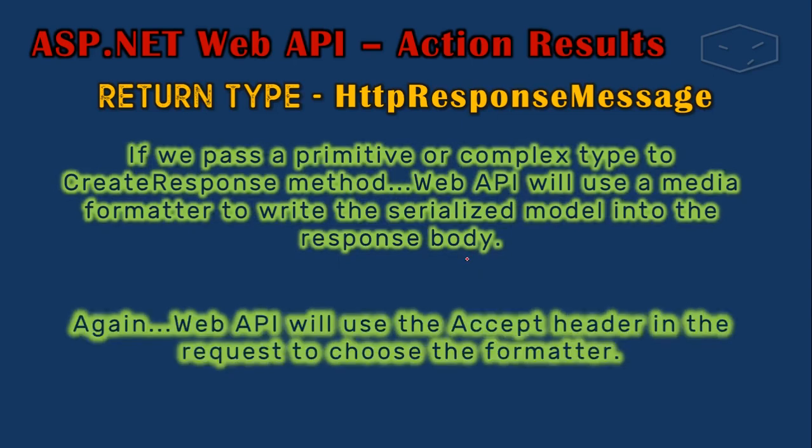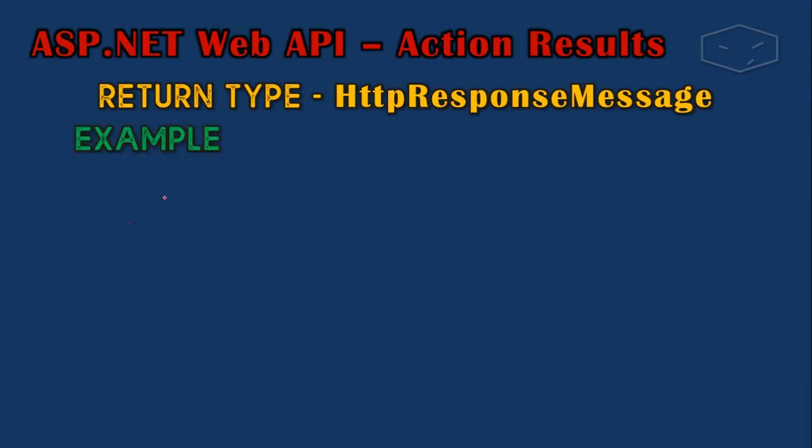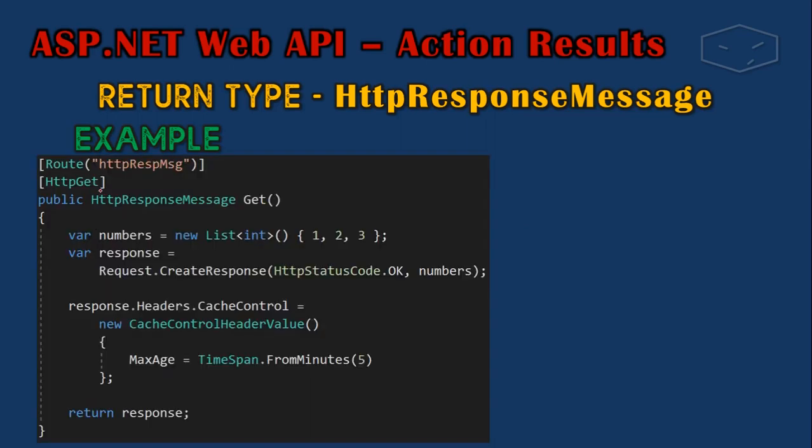Okay, and like in the previous case, the return type primitive or complex types, Web API will use the accept header in the request to choose the formatter. If you say that you accept XML, and if Web API cannot give you XML for some reason, it will try to give you JSON or something else. Okay. And the example for this return type can be something like this.